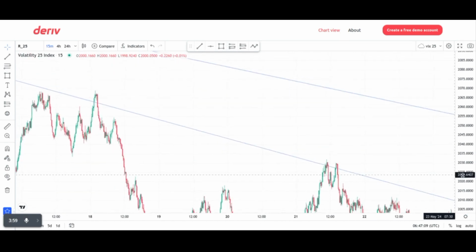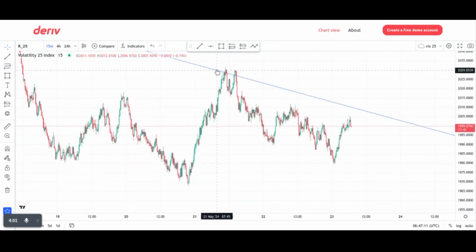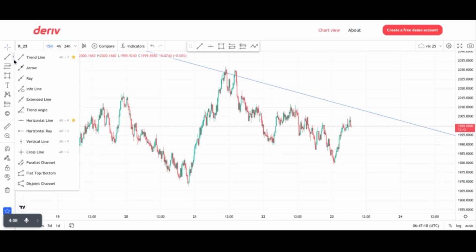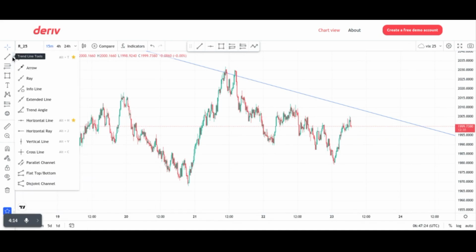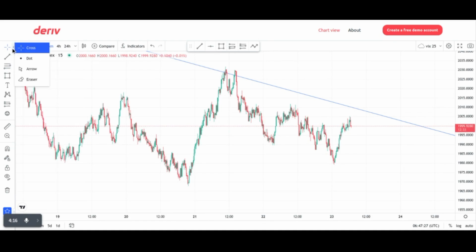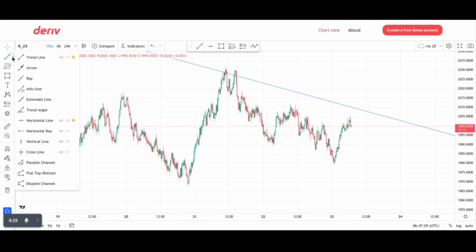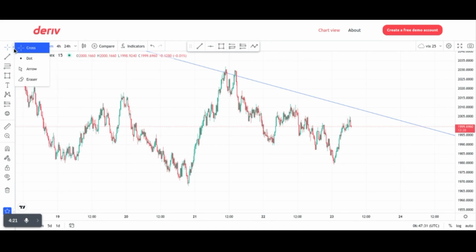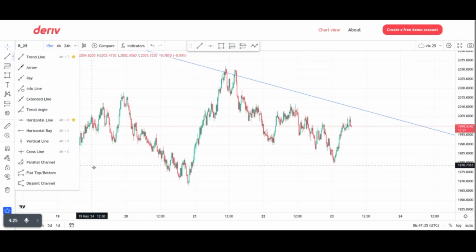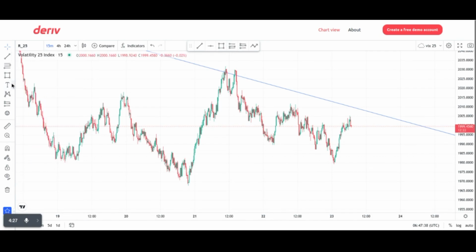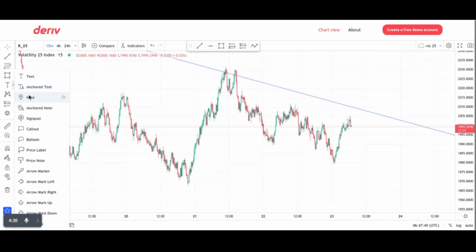You can see that the market is in a downtrend, and this market has been struggling with this high. Let me mark that out for you to see. I'm just looking for a tool to use.